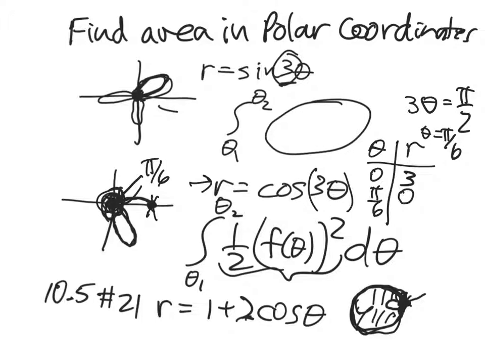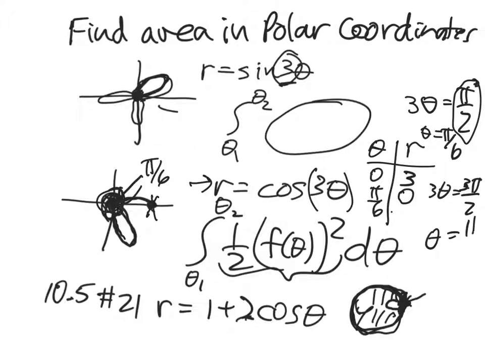But then how do we figure out what loop? We kind of have to, again, play with some values. Might be where's your next spot where cosine is 0. And that would be at 3 pi over 2. So 3 theta equals 3 pi over 2.